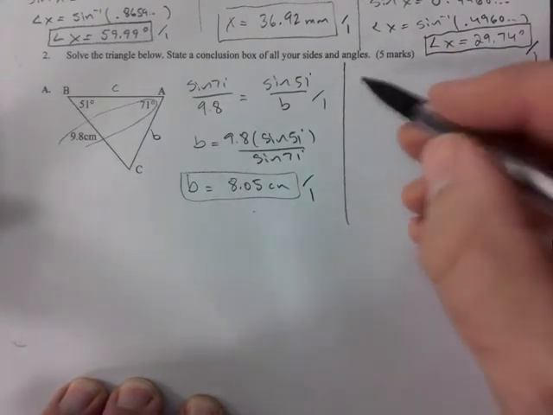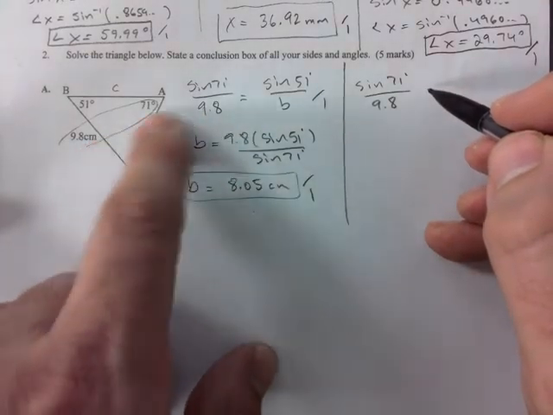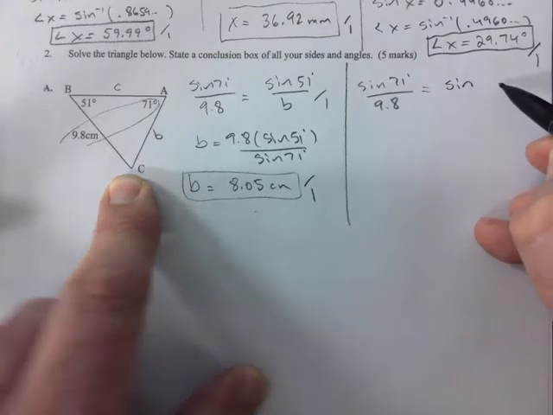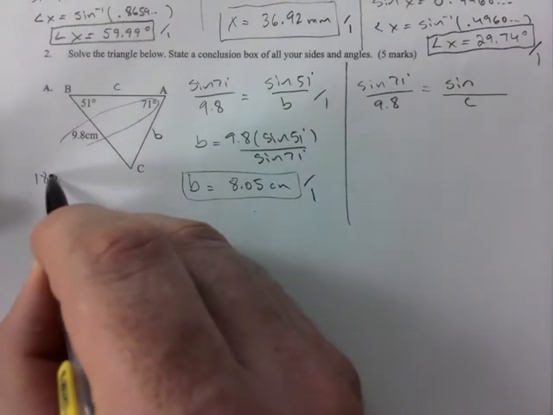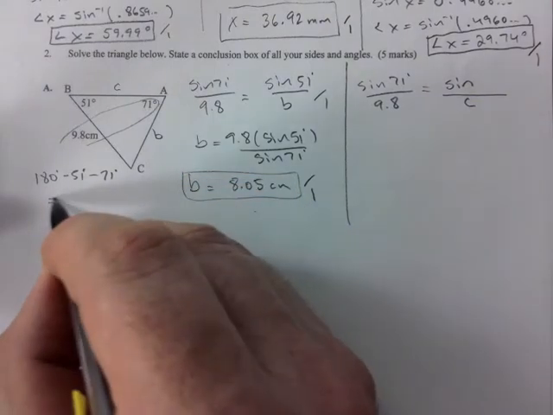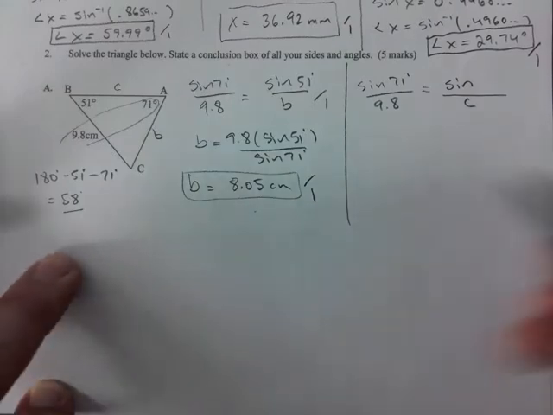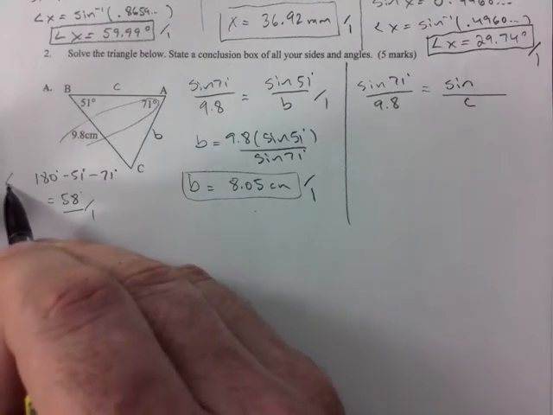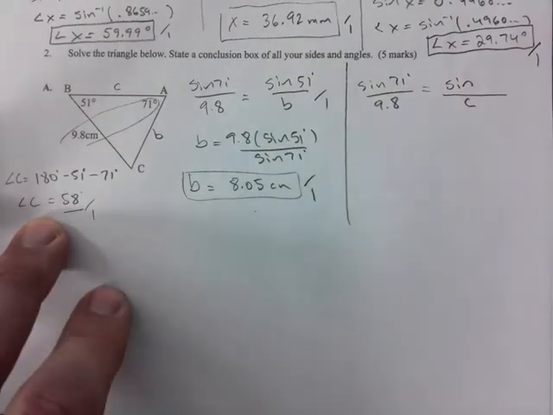And right next to it, I'm going to start with the same pair that I had to begin with. But I'm going to find angle C, because I want side C to be solved next. So 180 minus 51 minus 71, that is 58 degrees. Let's give you a mark for that because it's technically angle C. Whenever you can assign a letter to it.